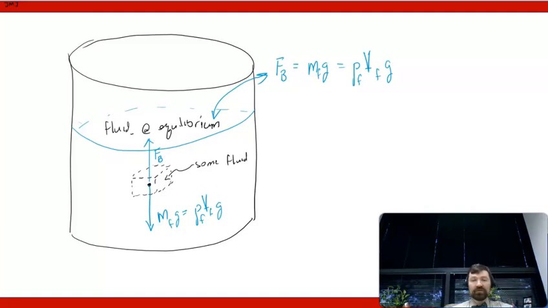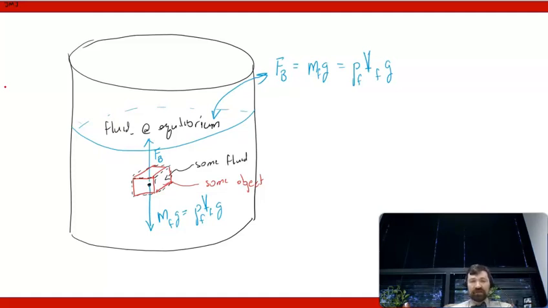Now, suppose that I replace this volume of fluid, and I'm going to draw this in a different color. Suppose that I put an object right here that exactly fills in this volume of fluid that I have removed. So I replace the fluid that's in here with some object. So red represents some object. All right.